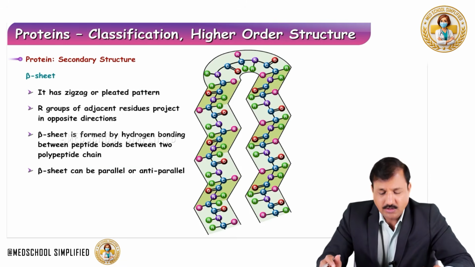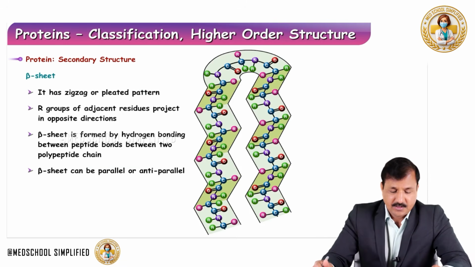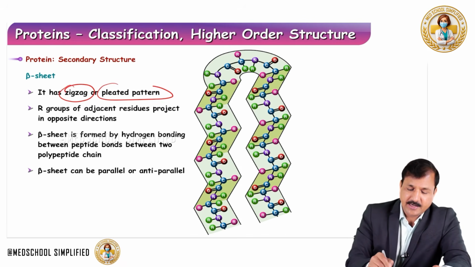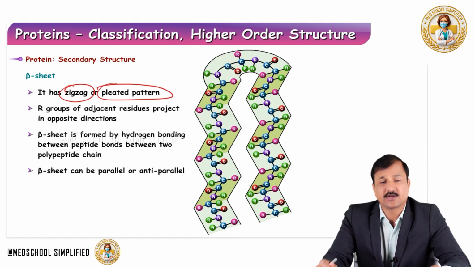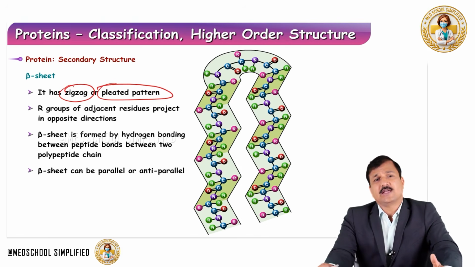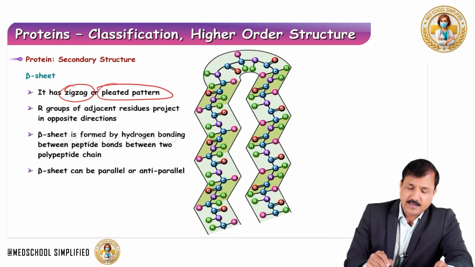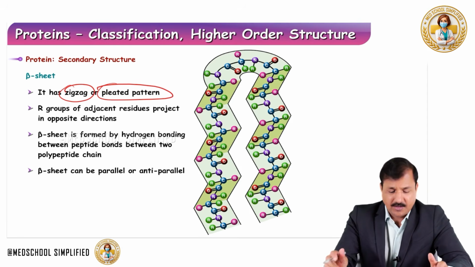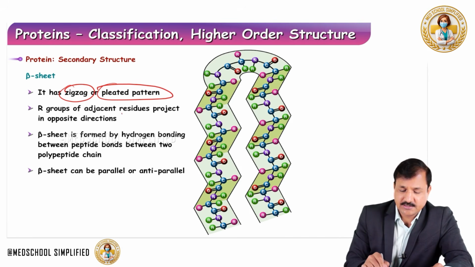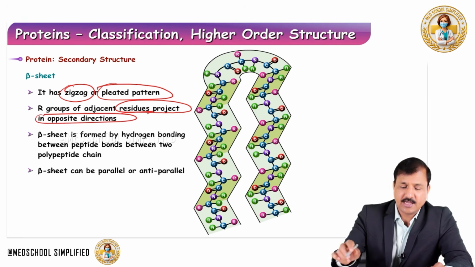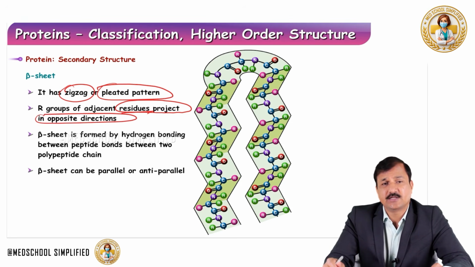Now coming to beta sheet. Beta sheet is a zigzag or pleated pattern of a secondary structure of a protein molecule. Just like alpha helix, in the beta sheets there can be R groups which are adjacent to each other and which will project in opposite directions.